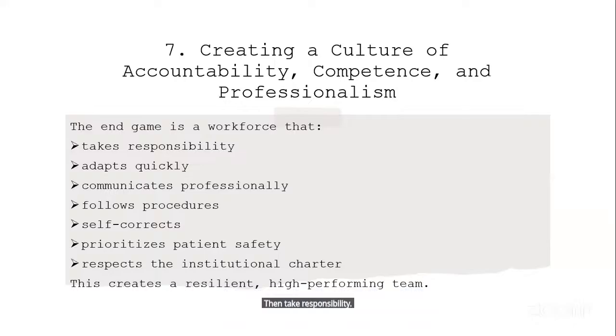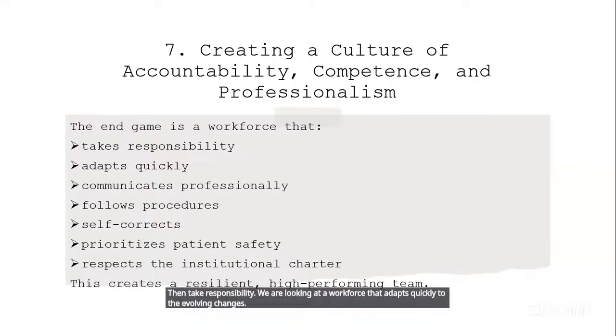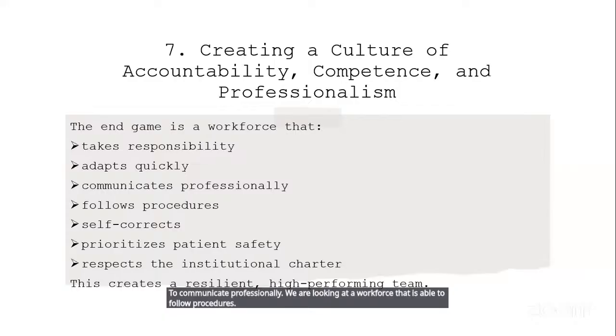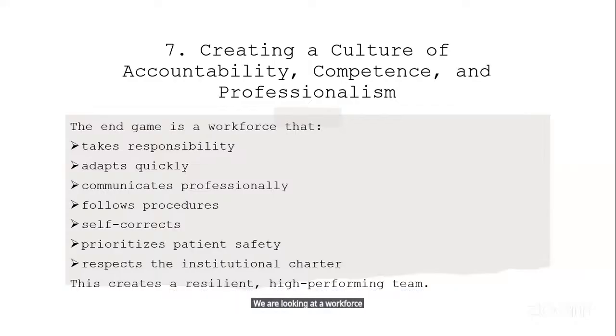We are looking at a workforce that adapts quickly to the evolving changes. We are looking at a workforce that is able to communicate professionally. We are looking at a workforce that is able to follow procedures. We are looking at a workforce that is able to self-correct.